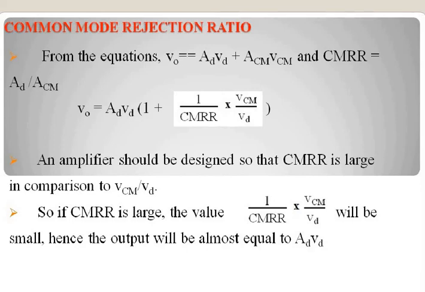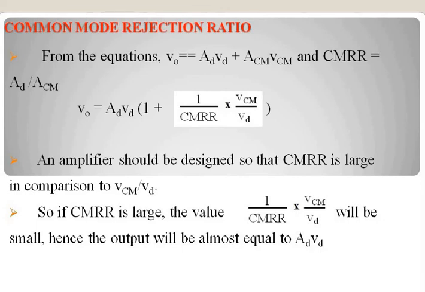So if CMRR is large, this term will become very small. If this term becomes very small, what does it mean? The output voltage will be approximately equal to AD VD. That is the first equation we have seen in the ideal case, V0 equals AD into VD.